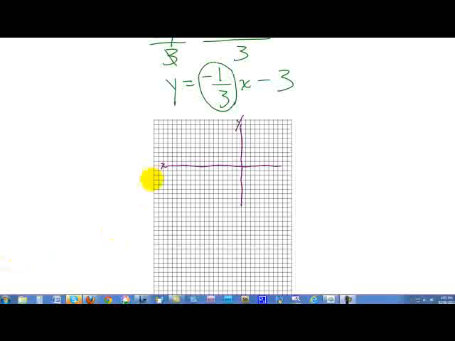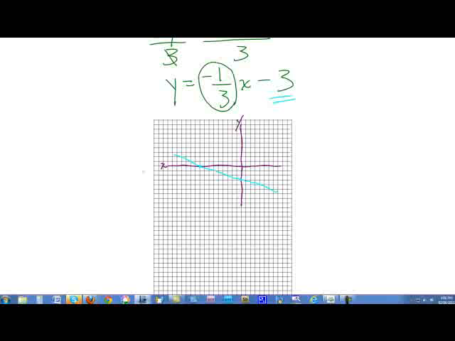So our x-intercept was negative 9. We have 1, 2, 3, 4, 5, 6, 7, 8, 9 right here, and our y-intercept, which we also see up there, is negative 3, 1, 2, 3. And we simply draw a line through those points. And once again, I don't have a ruler, so my line is kind of crooked.